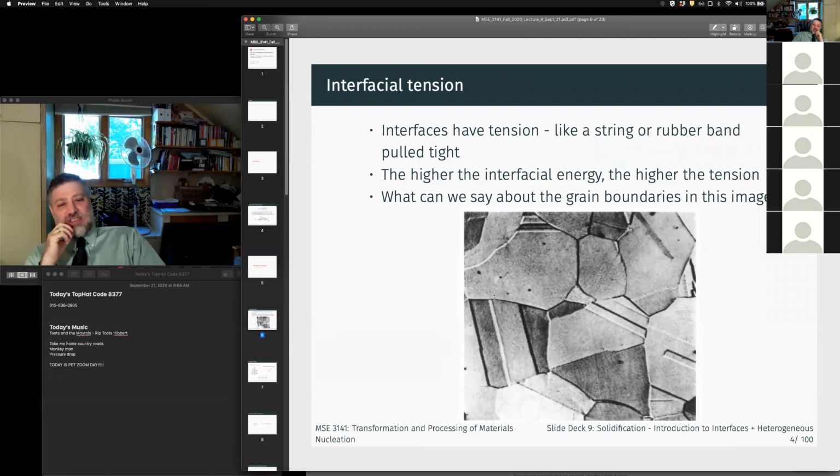If these were soap films of equal tension, we would expect this grain to bulge down like this, and these three to meet at 120 degrees, but they don't, right? So this is a much lower interface than this one, because this grain boundary can stay straight.